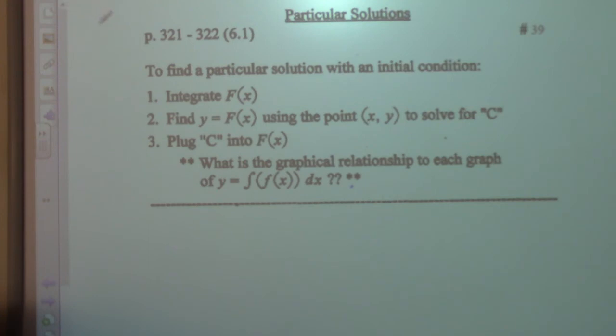So now we get into note card 39, which is particular solutions, which gets back into what our song is. And basically, to find a particular solution, you need an initial condition. And so you're going to need more information to be able to solve for what C is.